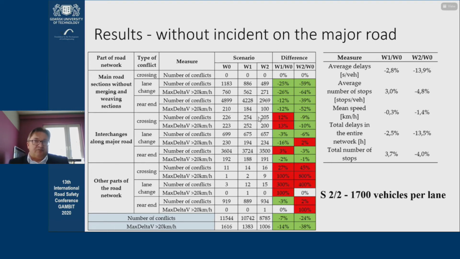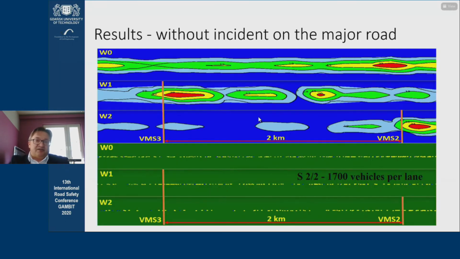We could see positive results when it comes to rear-end collisions and changing lanes. I think this suggests that dynamic speed control systems have a positive effect by ensuring consistent speeds.